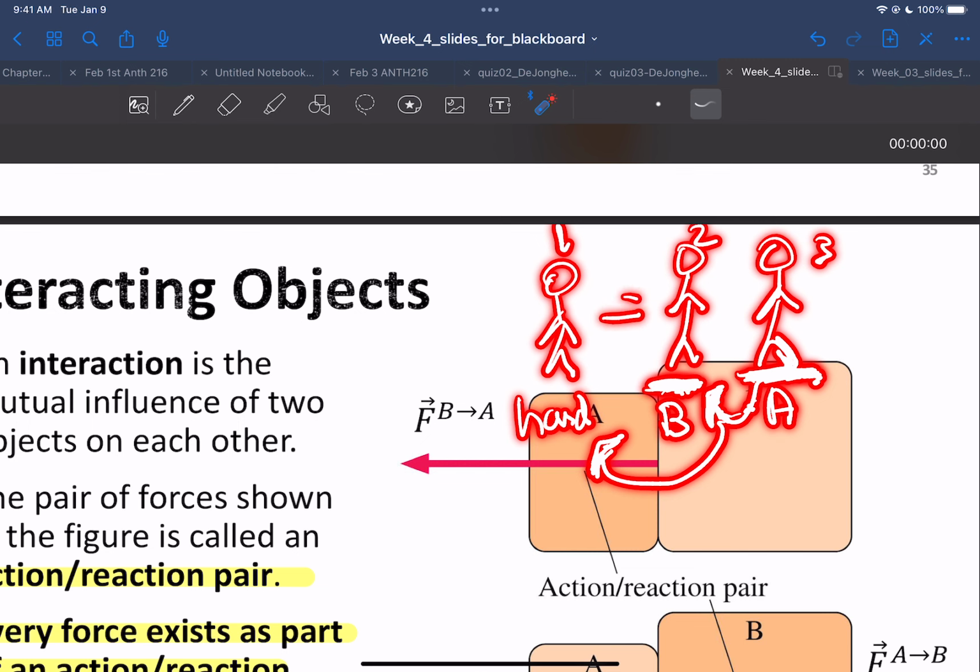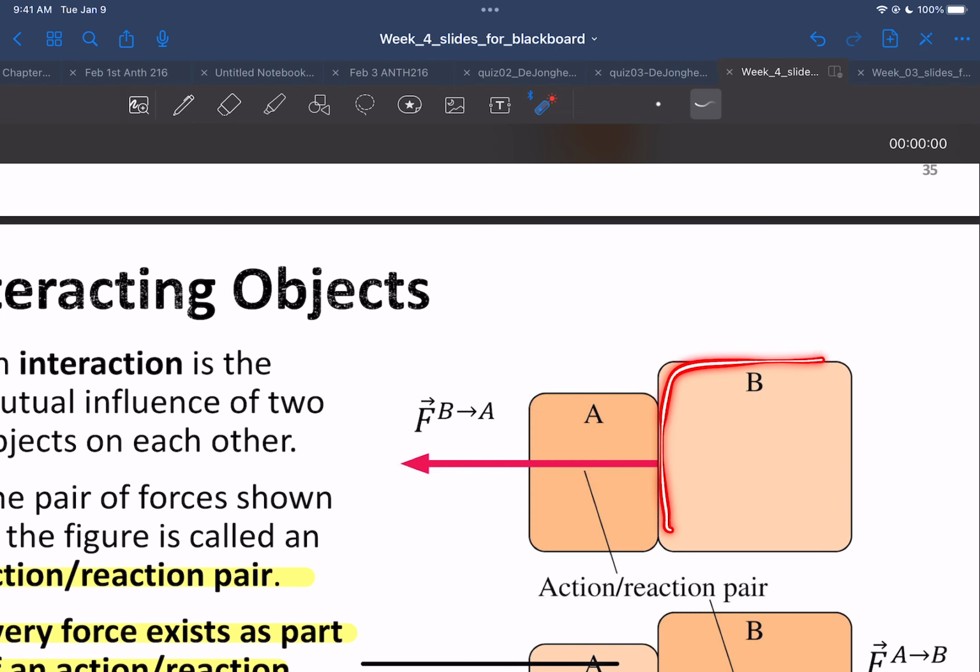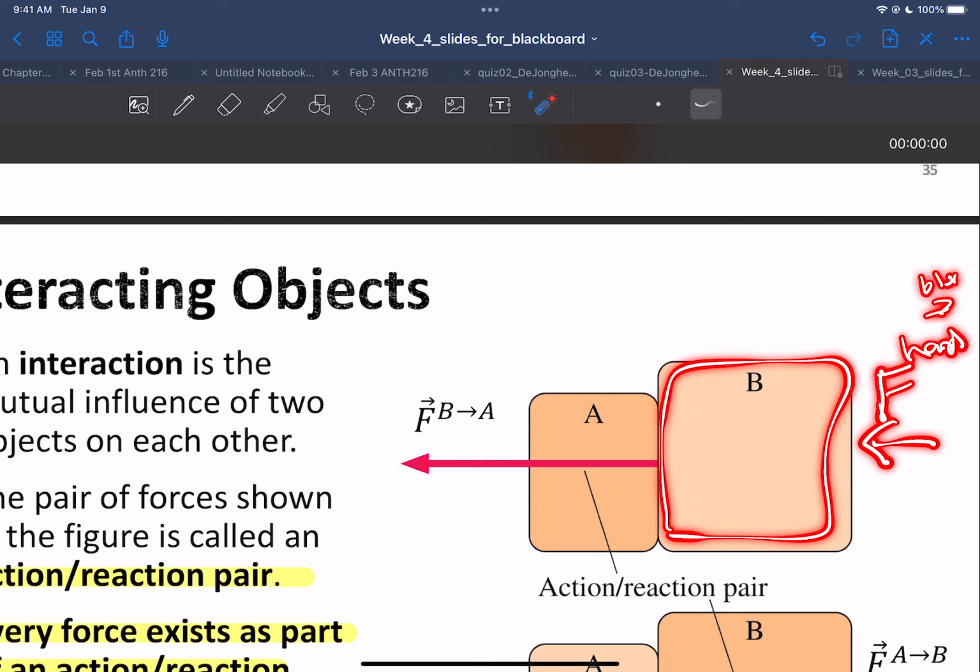Not only do they feel and know that person 1 pushed them, but then they got smushed into person 3. And so that's why when we draw this block B, they feel that hand on block B, and then they also feel the fact that they got pushed into this person.